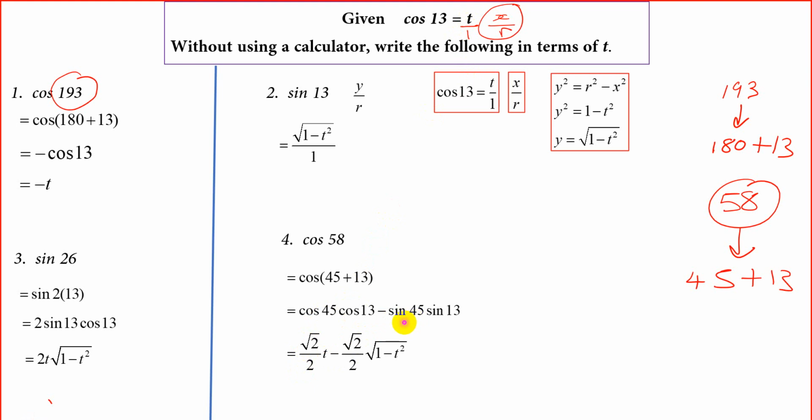Minus sin 45 is also a special angle, root 2 over 2, and sin 13 we found above, which is the root of 1 minus t squared. Then you'll notice we can pull out a common factor, root 2 over 2, and we can simplify that to root 2 over 2 times t minus the root of 1 minus t squared. Thank you.